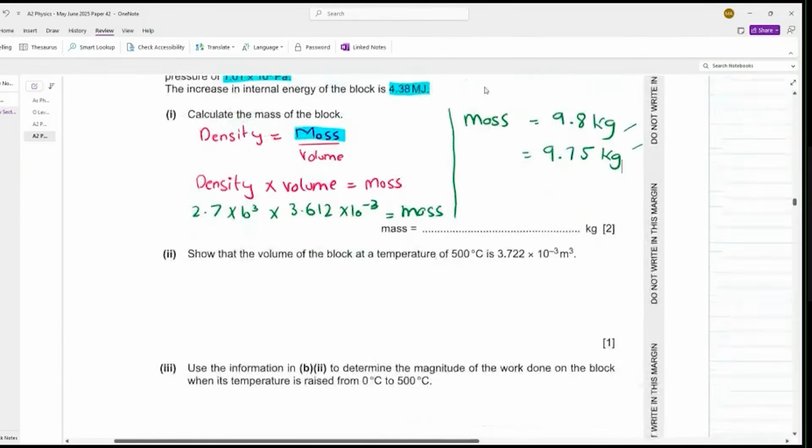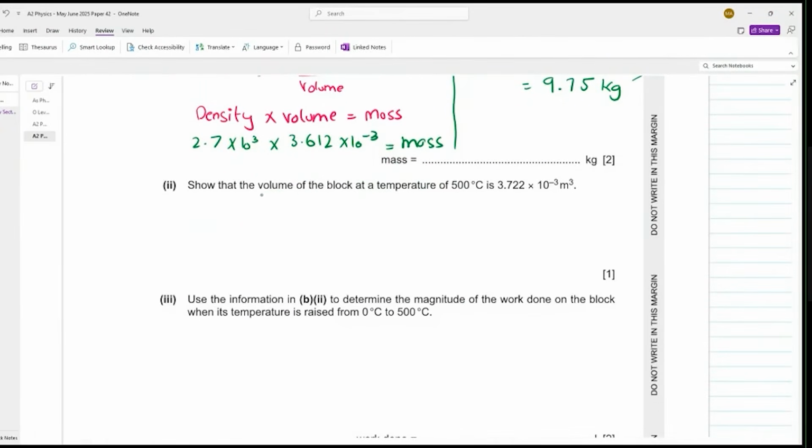Let's further move ahead. Now you have to calculate the volume of the block at a temperature of 500 degrees centigrade, and you have to show that the volume at 500 degrees centigrade is this. Again, same formula. You will say density is equals to mass over volume. Let's make volume the subject. बेटा volume को left side पे ले जाओ.